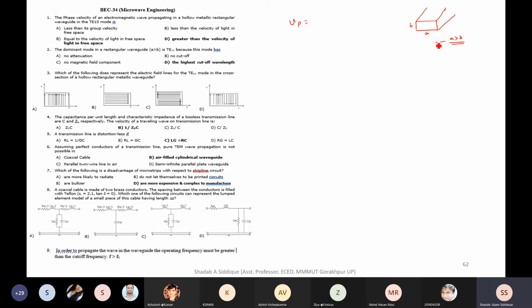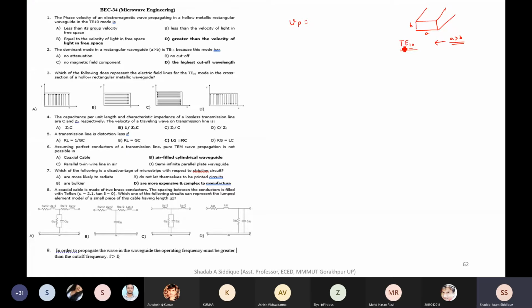For a greater than b, we have a dominant mode, which is TE10. The dominant mode is the mode for which the cutoff frequency is the least.